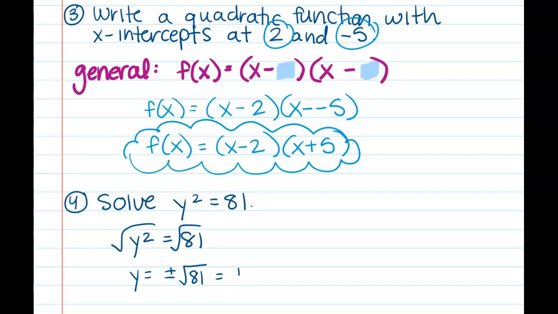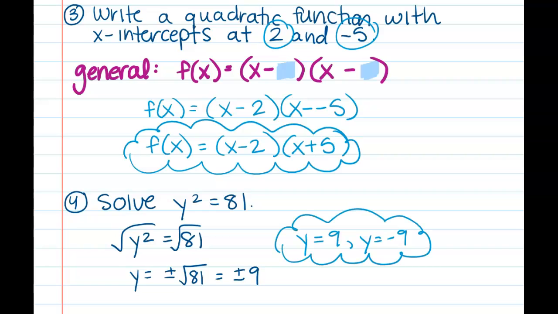Square root of 81 is 9, so y is plus or minus 9. So depending on how you're asked to phrase it, you can do plus and minus 9. I think in the ALEKS assignment it might ask for them separately, I'm not sure. Otherwise, our answers are y equals 9 and y equals -9. Again, plus and minus 9, plus or minus on top of each other like this is fine.